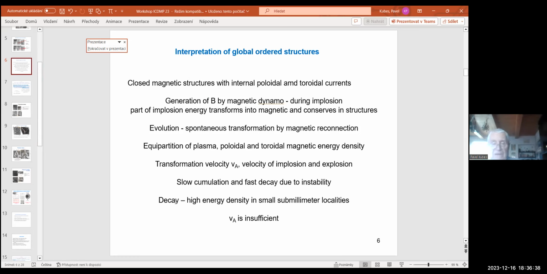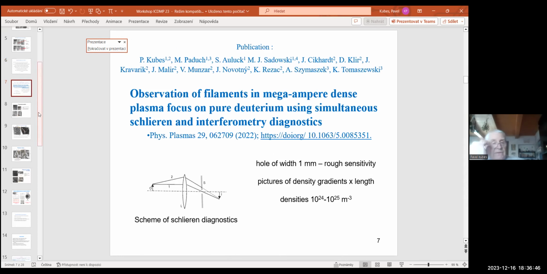For global transformation, insufficient Alfvén velocity. So the solving may be filamentary structure. First publication about filaments observed in PF1000 are presented in this paper.